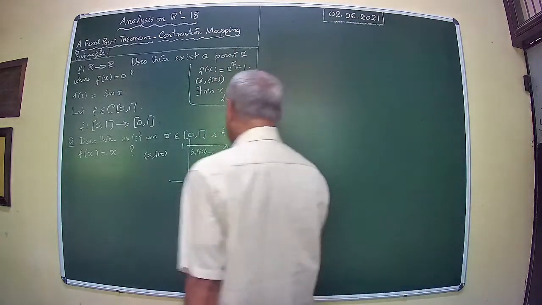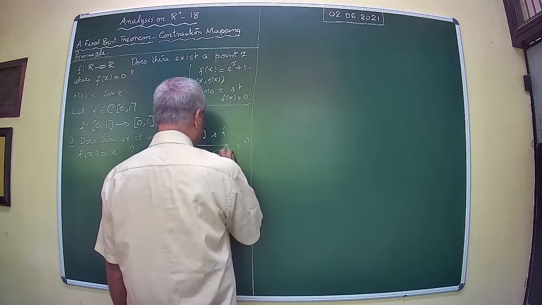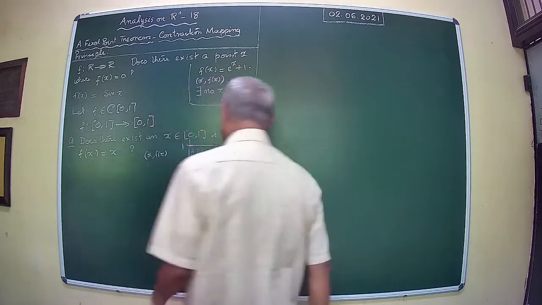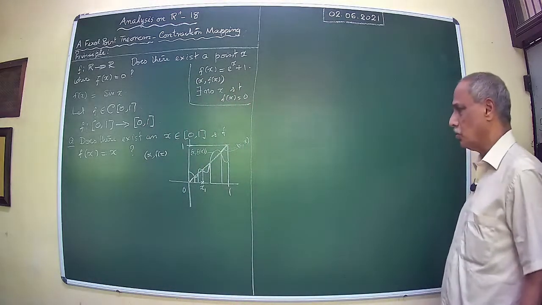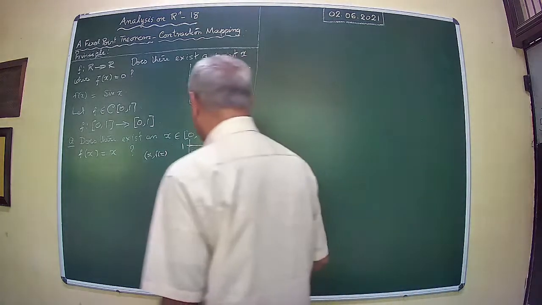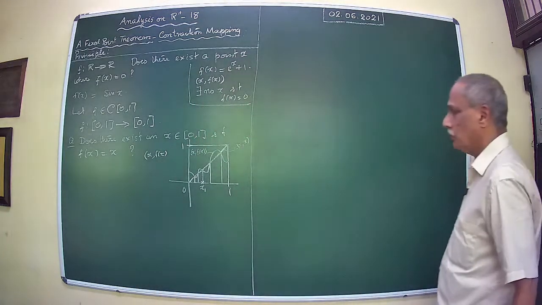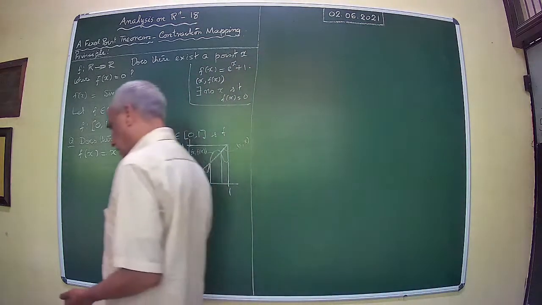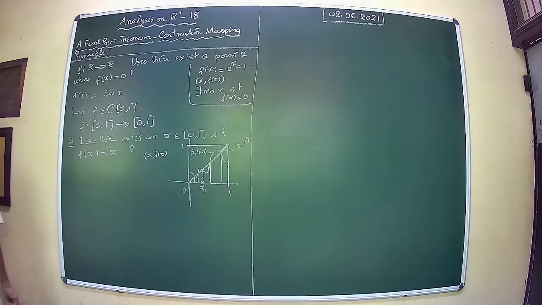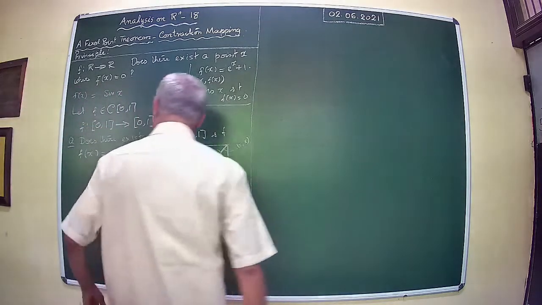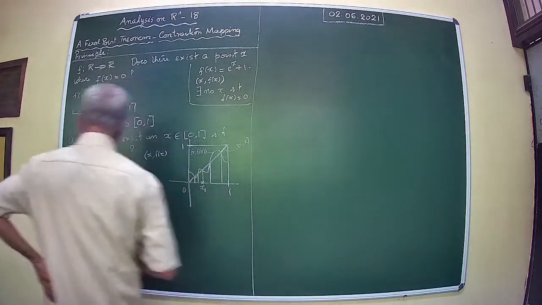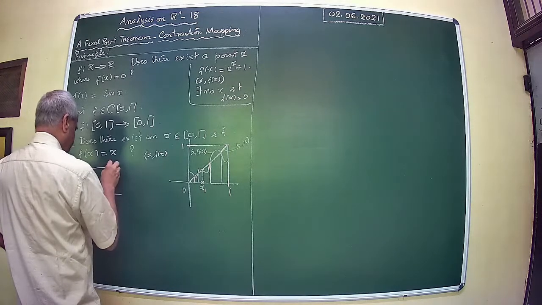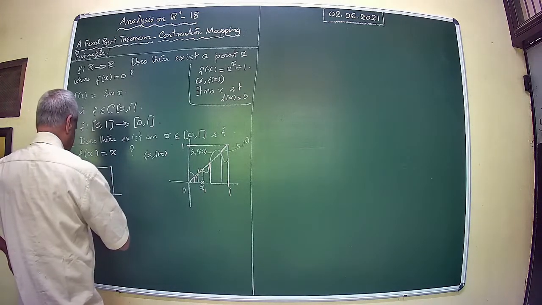In fact, you see that from the graph it looks like there are so many points where this happens. For the function that I have drawn, there are so many points, say x1, x2, x3, x4, x5, where the function has the property that f(x) equals x.